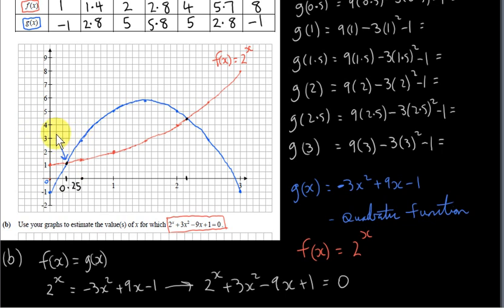So for this value of x, we have that f of 0.25 equals g of 0.25.